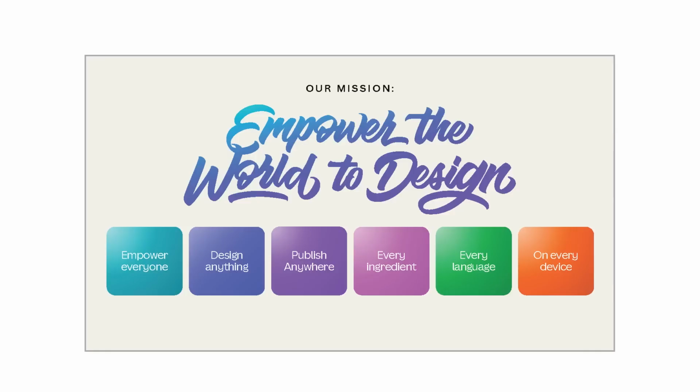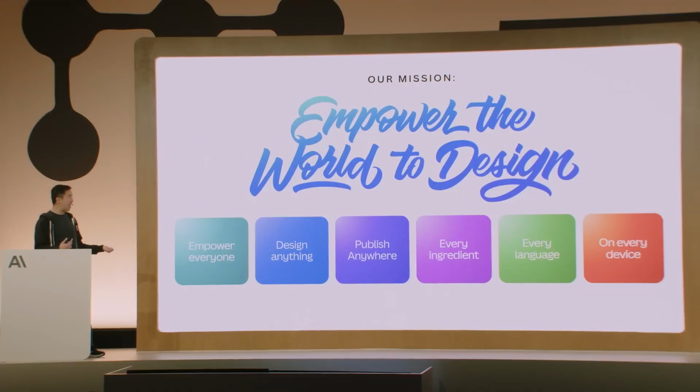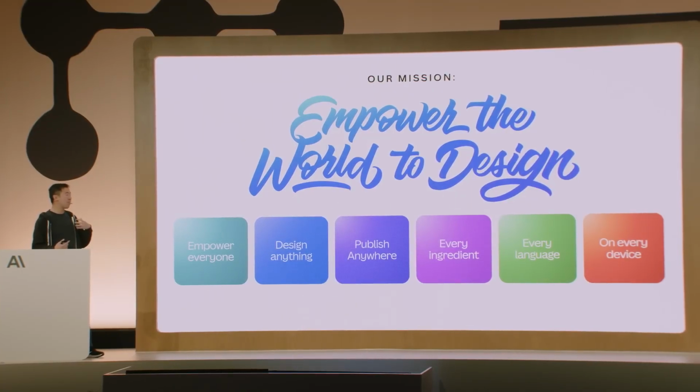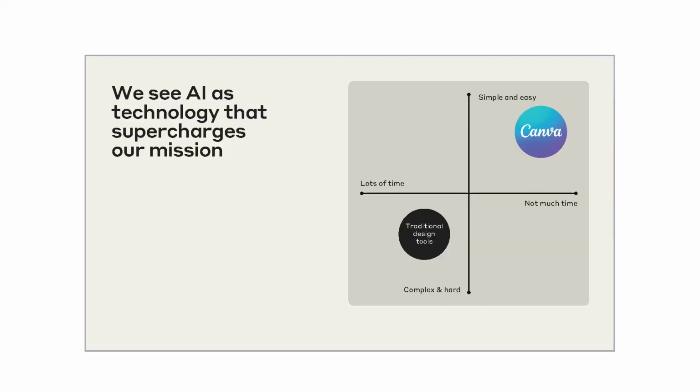When we think about this, we really think about empowering absolutely everyone, whether you're a student, a teacher, a nonprofit, or a marketer and creative in a large enterprise, to design just about anything, publish it anywhere, with every ingredient like photos, video, music, and more, supporting every language as well as every single device.